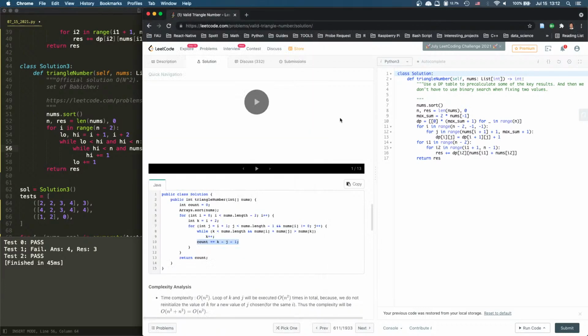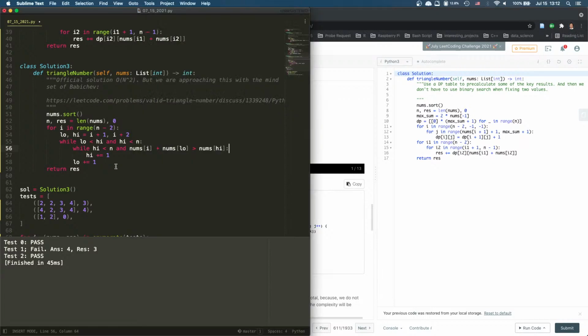Let me read again. Yeah, k plus plus, and then for j, we are stuck at j here, so i and j are here, and then this is high, right?